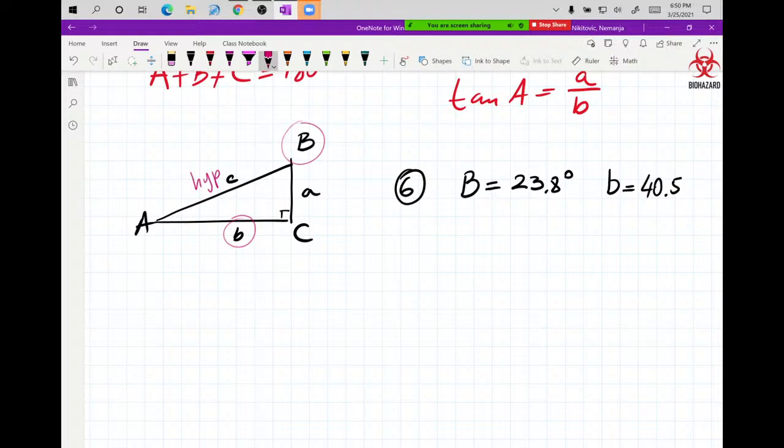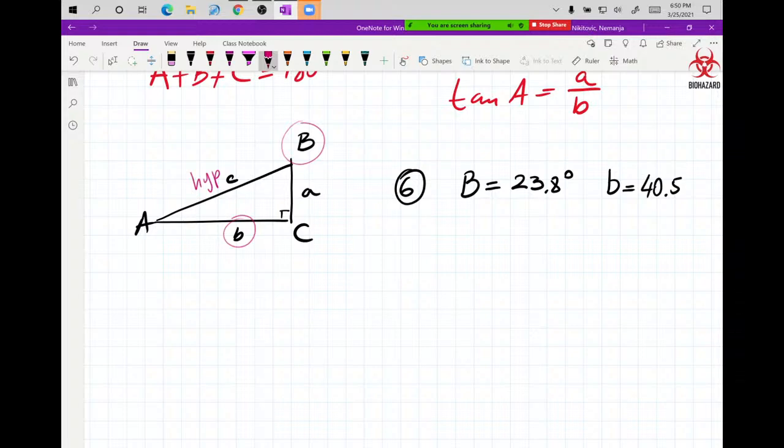across the street from the right angle. It's always the longest side. But the two other legs, A and B, each one of them could be opposite, each one of them could be adjacent. It depends where the angle is.